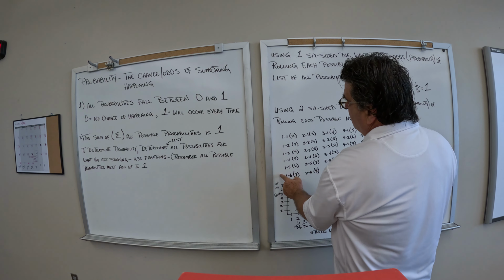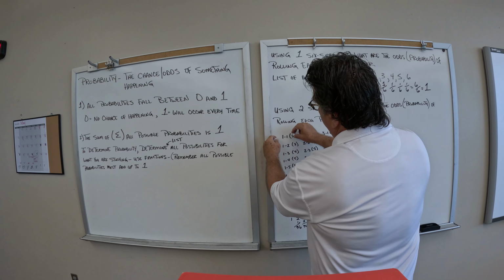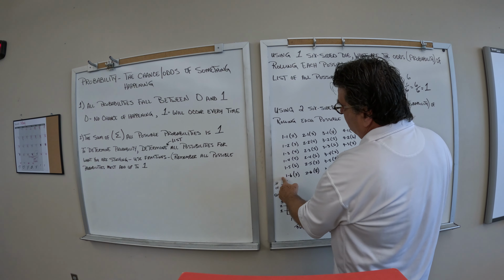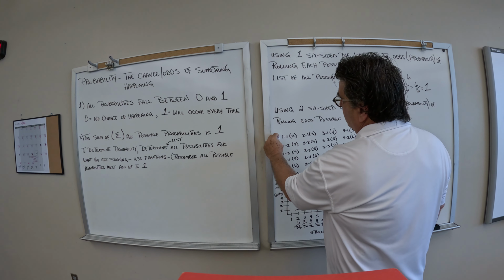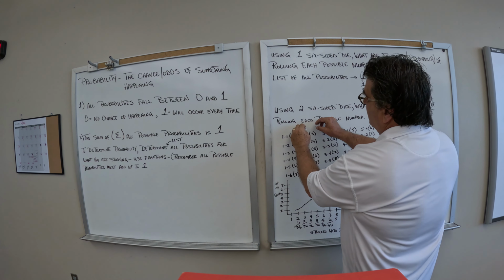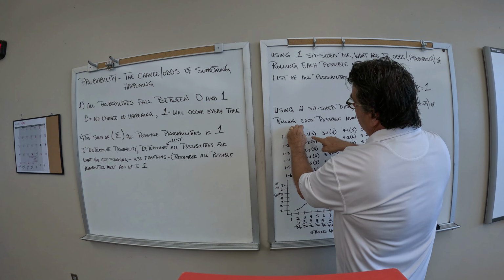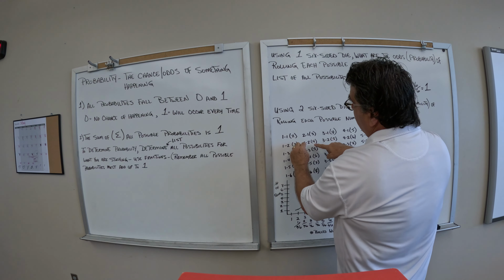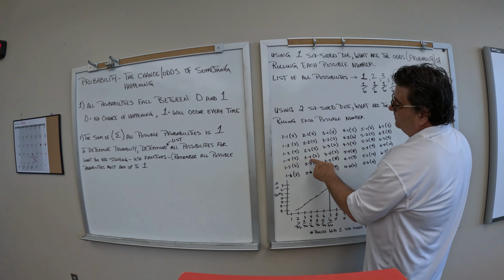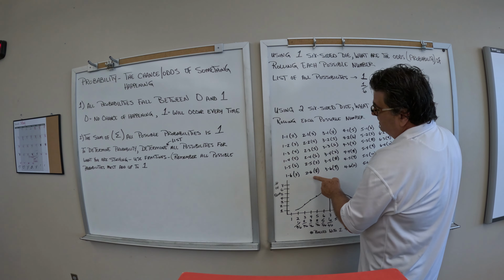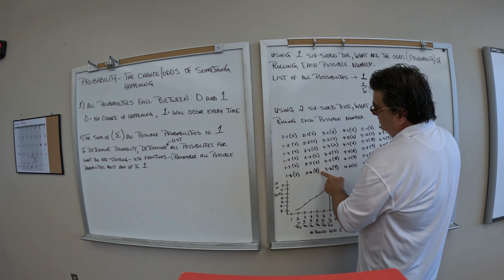If I continue down this side, leaving this die at a 1, and I turn this one, I have 6 possibilities with this die remaining at 1. I now take this die and I put it to a 2. I have a 2 and a 1, which is a 3. We talked about that. 2 and a 2, that's a 4. 2 and a 3 is a 5. Then I change it to 4, 5, and 6. When I add them up, it runs from 3 to 8.